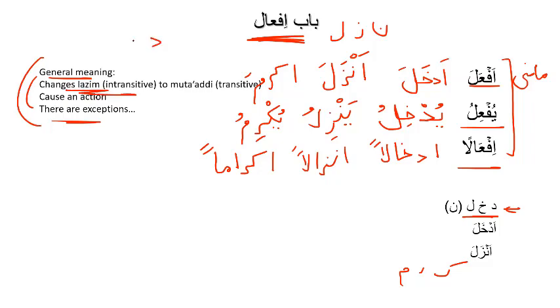So for example, dakhala means to enter, whereas bab if'al changes this into transitive, so causing somebody else to enter. So letting, to admit somebody. So to admit somebody would be adkhala. Adkhala in the past tense, madi, yudkhilu present/future, and the name of that action of admitting somebody is idkhal.